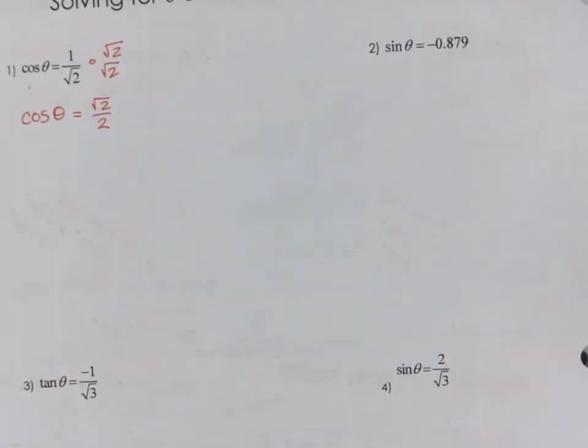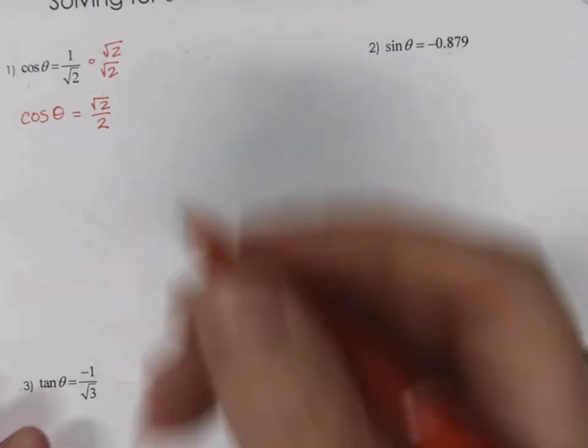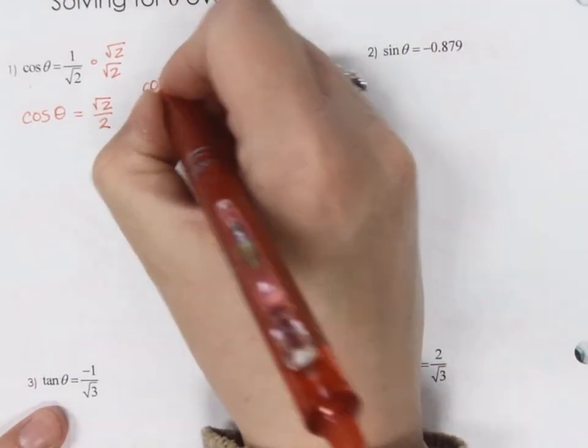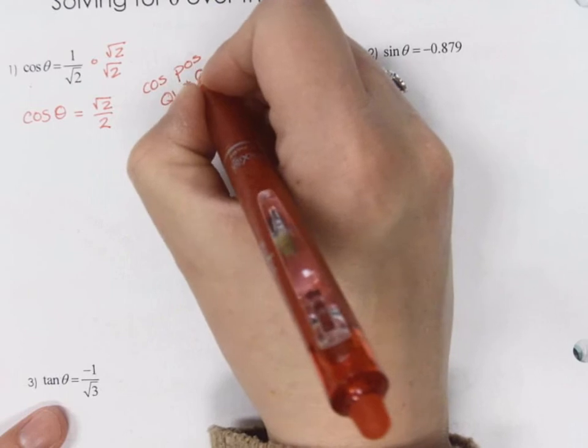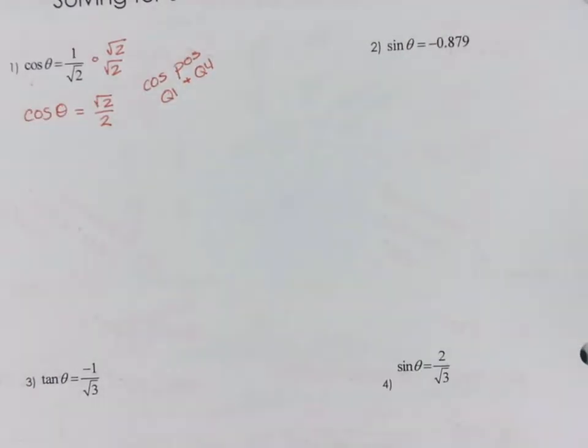Is it positive or negative? It's positive. Okay, what quadrant is cosine positive for? So cos is positive in quadrant 1 and quadrant 4. So there's your CAST rule, right?